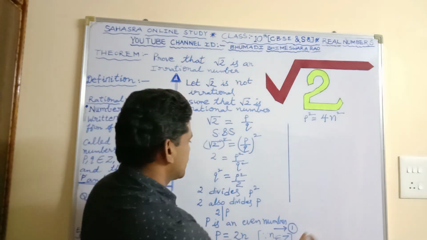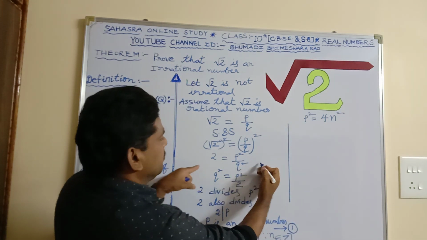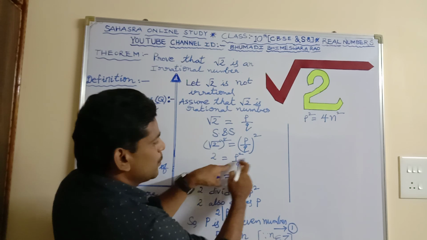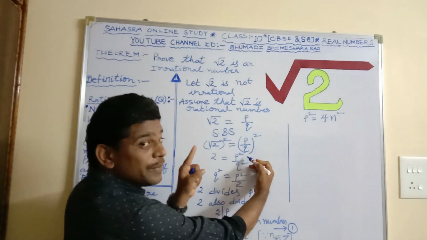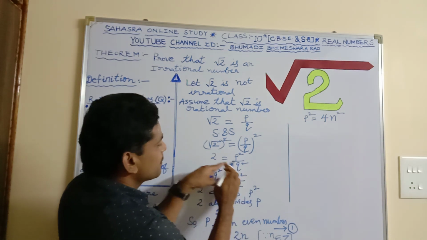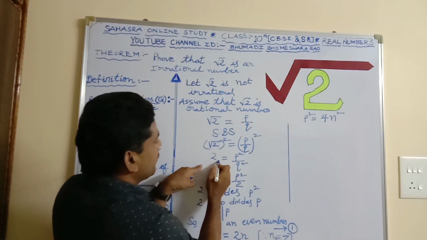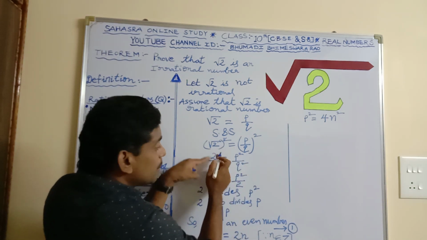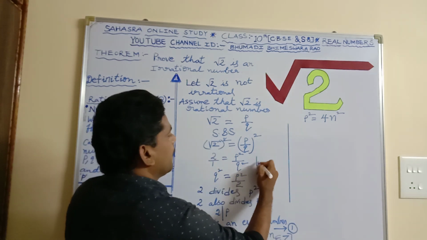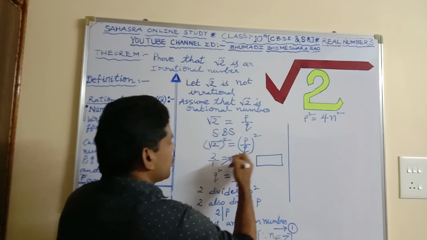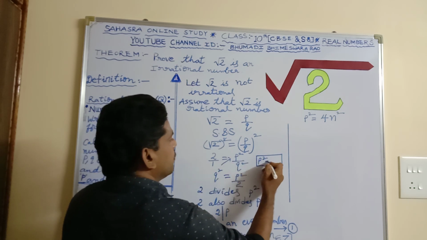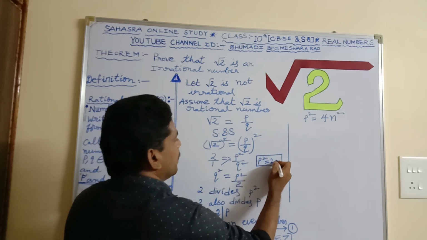Come back once. Here, if 2 is equal to p square by q square, so what is the value of p square? By doing cross multiplication, p square into 1 equal to 2q square.